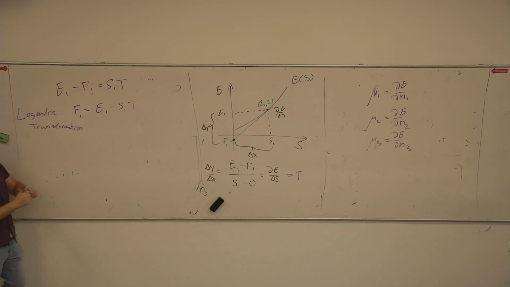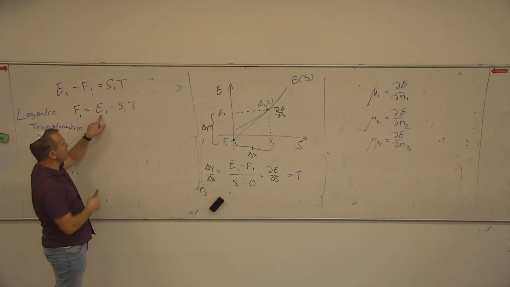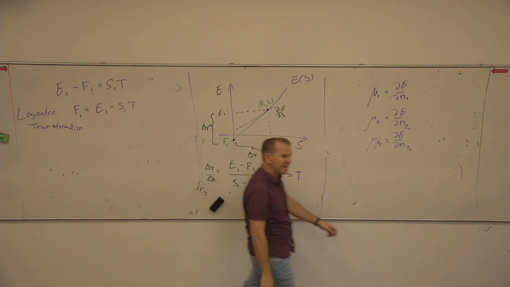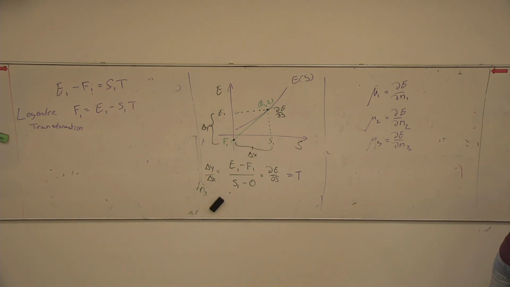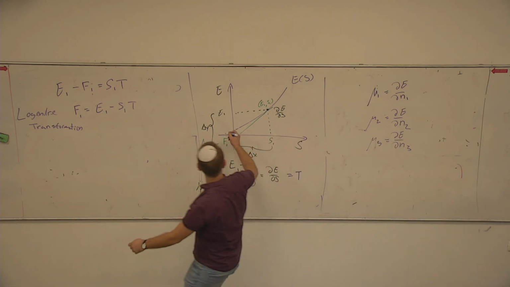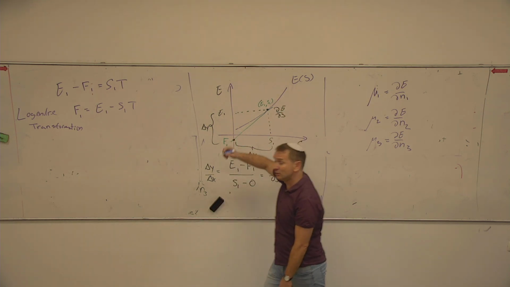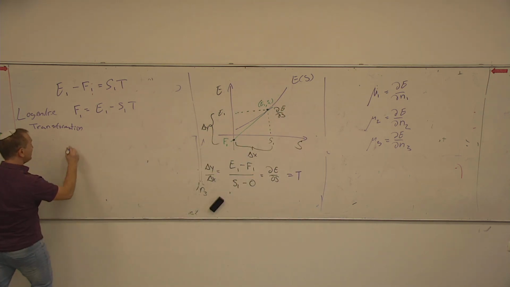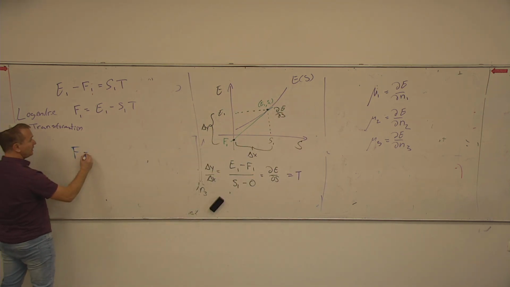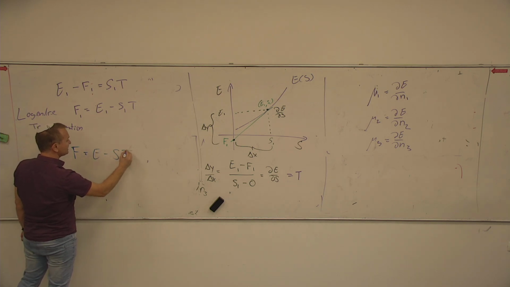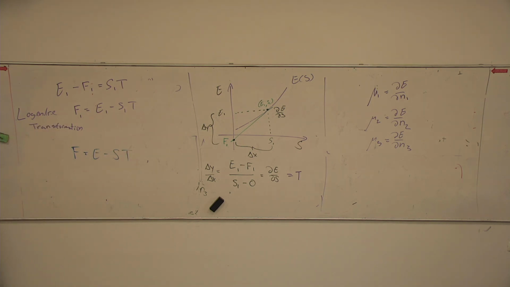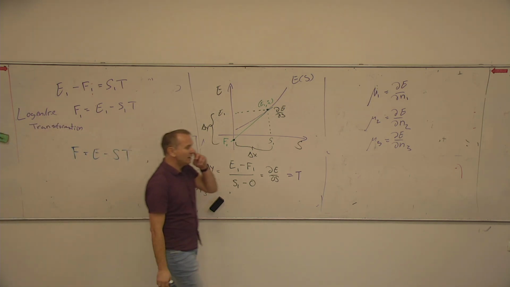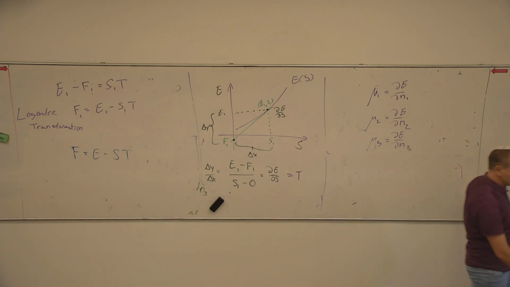Now, I don't care whether I do it for a specific E1 and S1. I do it for any E and S. And then I obtain the representation of this curve in terms of F equals E minus ST. You can say, well, Stas, this is great, but it's not clear why it's helpful at all.